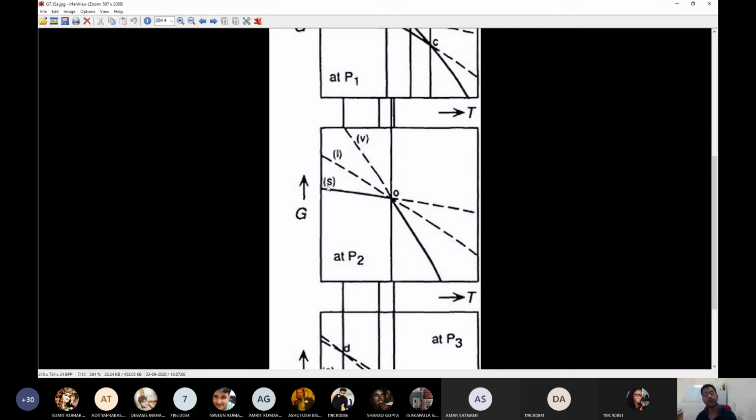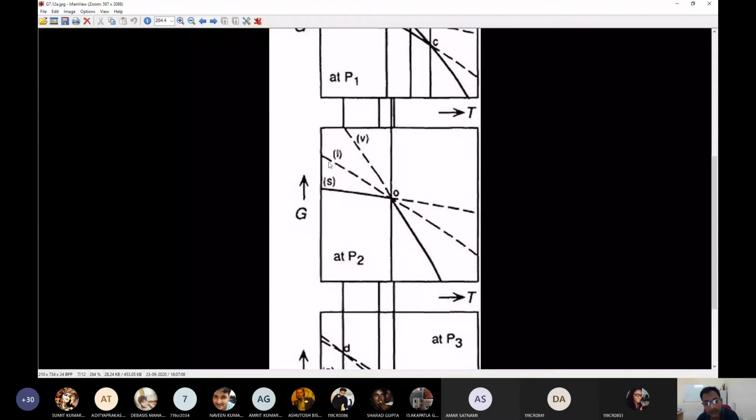So what you do is you draw the molar free energy of the solid phase, which goes like this, and the molar free energy of the vapor phase, which goes like this. Here it satisfies those two conditions: from this temperature to TO, solid has the minimum free energy, which is why it is in the primary phase field of the solid phase, and from TO to beyond, the vapor phase has the least free energy.